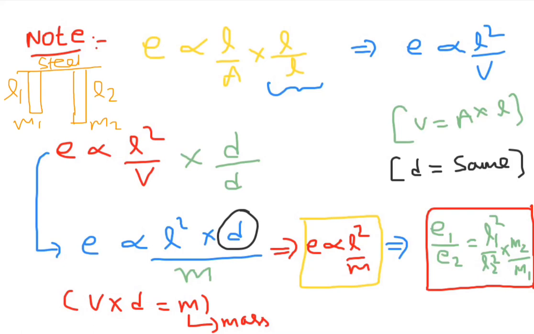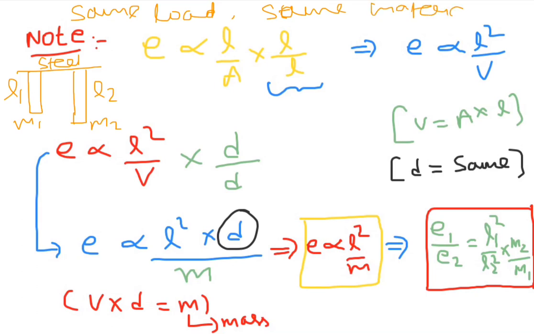How are the elongation, length and mass related? For both the steel wires, I applied the same load. Same load means force is constant. Both are steel, which means same material. So same load, same material.